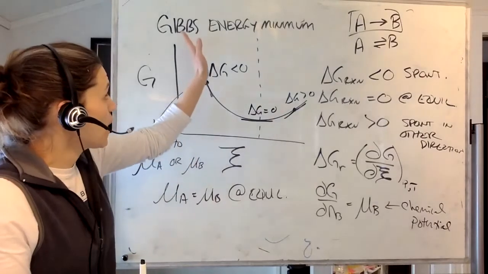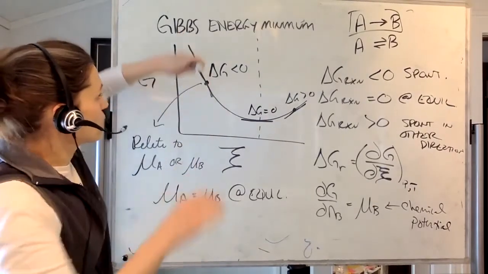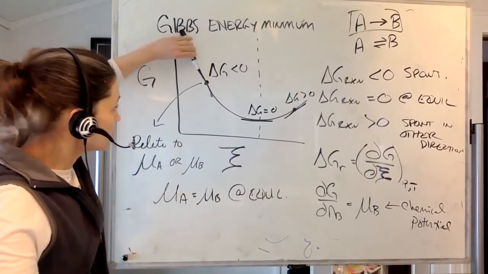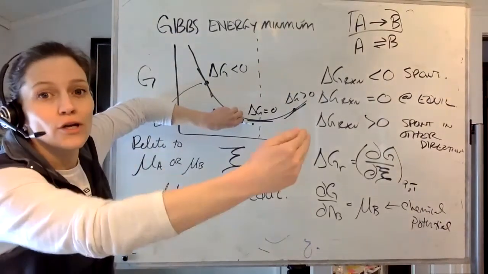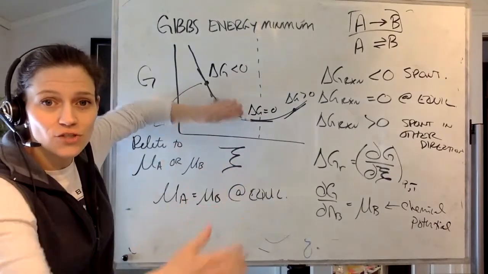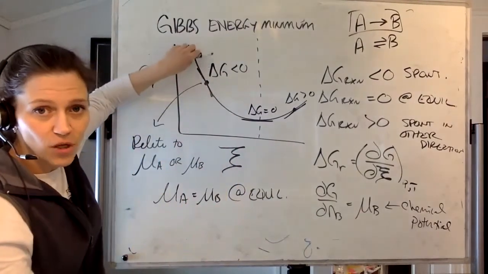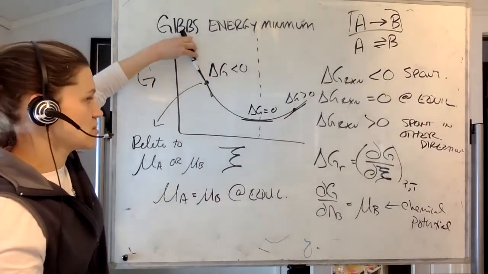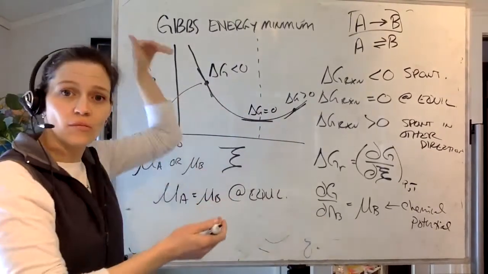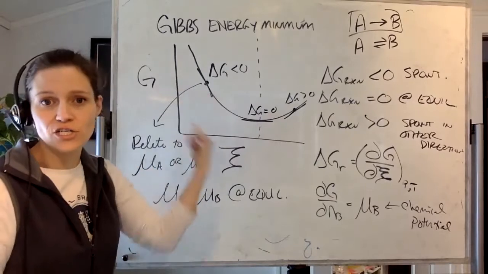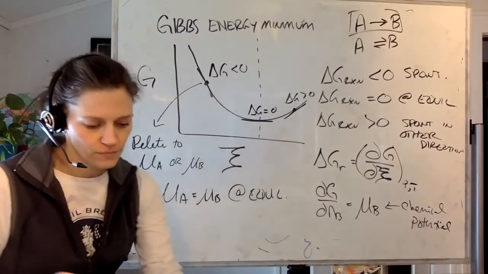And so along these curves, you're going to have a more negative delta G here than you will have here, which means the chemical work you can extract from this reaction is going to be greater at the initial stages of this reaction and less as you approach equilibrium. So there's going to be a reduction in the chemical potential as you get closer to equilibrium.